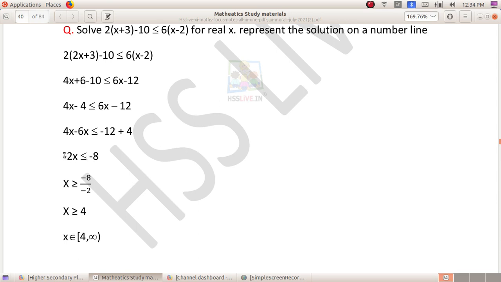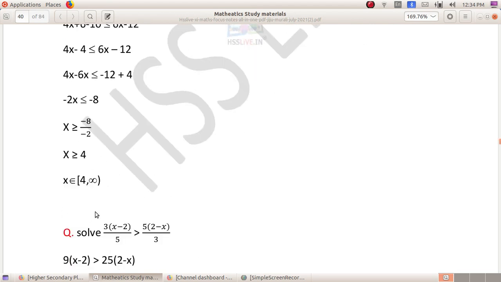That is, minus 2x less than or equal to minus 8. When you remove these negative symbols, that is 2x, then greater than or equal to 8. That is very important. 2x greater than or equal to 8, so x greater than or equal to 8 by 2, that is 4. When you remove negative symbols, the inequality will change. x greater than or equal to 4. What does x greater than or equal to 4 mean? 4 and above.